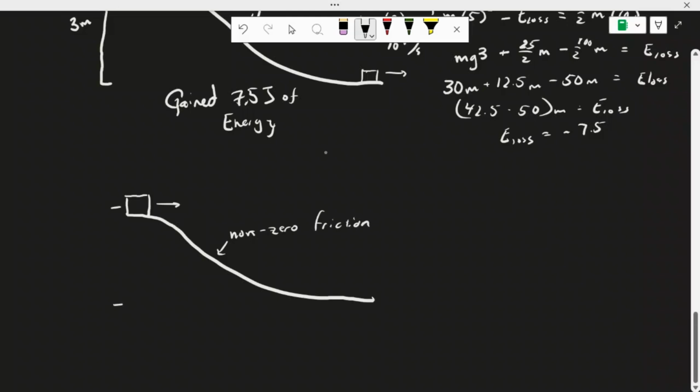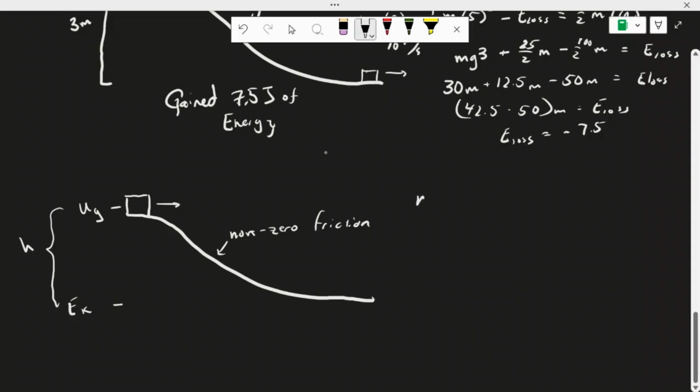They'll usually either give you the friction or you'll be solving for it. So here, if I say this is some height h, and then we want to find its velocity at the end to be able to find the amount of energy that we lost.